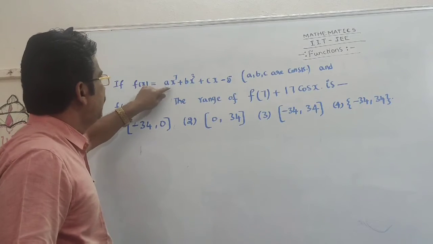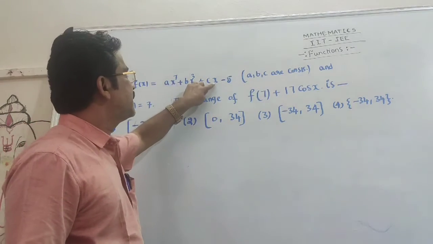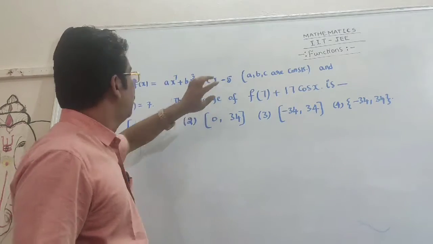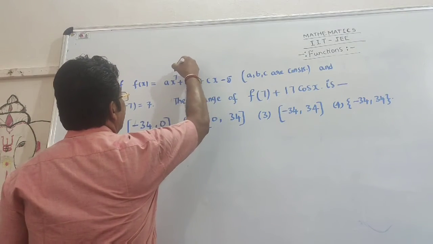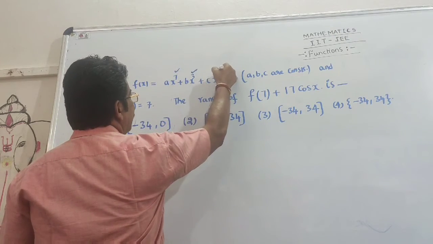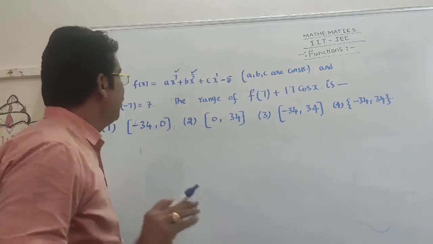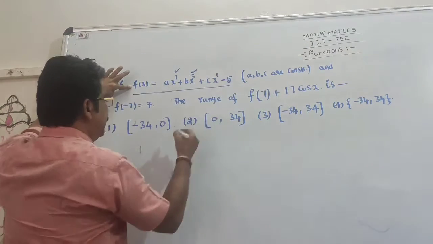Hence the problem: if f of x equals a x to the power 7 plus b x cubed plus c x minus 5. Observe the degrees of x are odd numbers: 7 is odd, 3 is odd, 1 is odd. That's why we are taking a different step from the given equation.